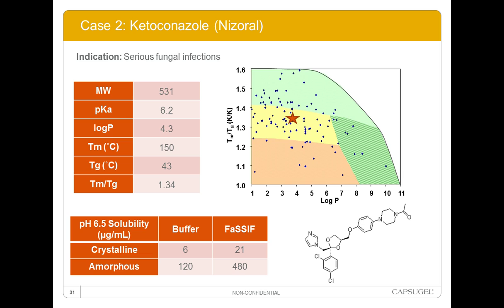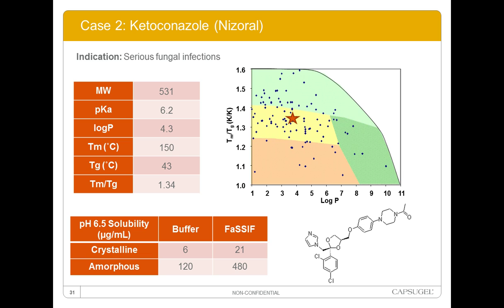So our second example is ketoconazole. Again, another antifungal, and it has some similarities to itraconazole, being relatively low solubility, though much higher than itraconazole. The solubility, you can see it down there below. The crystalline solubility is 6 microgram per mil in pH 6.5 buffer, compared to itraconazole, which was in the sort of picogram per mil solubility range.